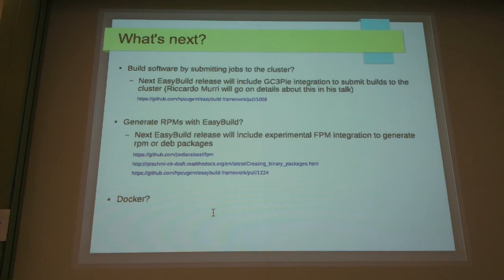There are some applications for which it may be worth doing a Docker container, especially for these crazy bioinformatics applications which require hundreds to thousands of different libraries from different sources. Installing them will basically break your system, so maybe using Docker for these exceptions could be a good idea. These are just things we are thinking about.